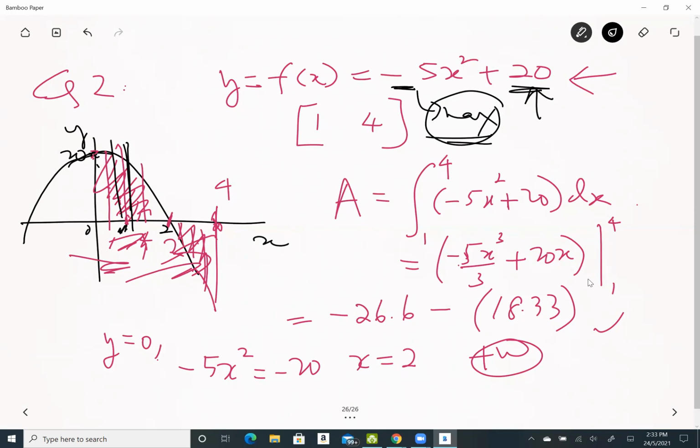So we change the interval. We use 1 to 2, or you can use 0 to 2.